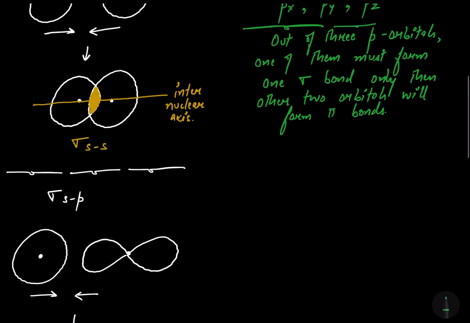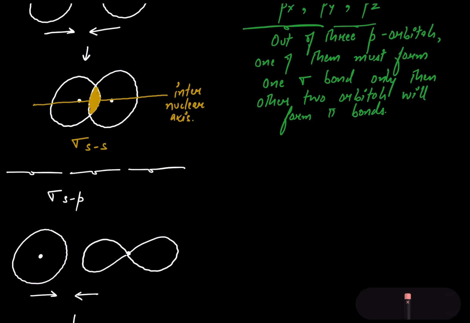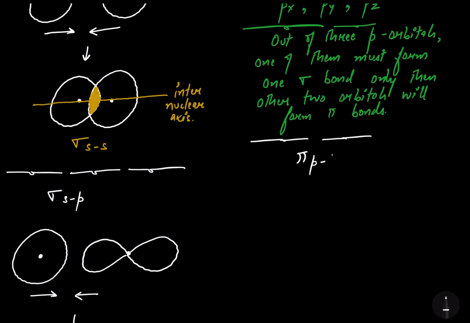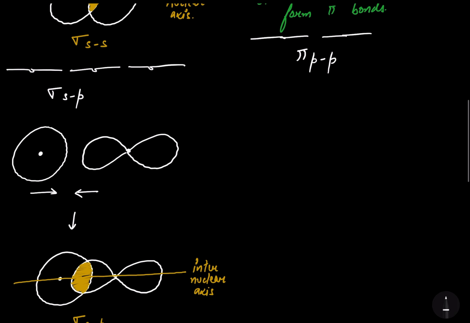Now, let me show you the rough diagram of the pi bond formation. The pi bond is always formed between the p and the p orbitals of the 2 elements. Now, let me show you how sidewise or lateral overlap is formed, which is perpendicular to the internuclear axis.